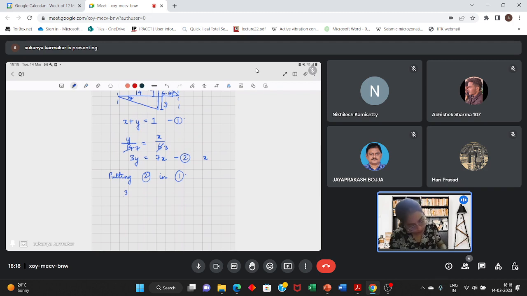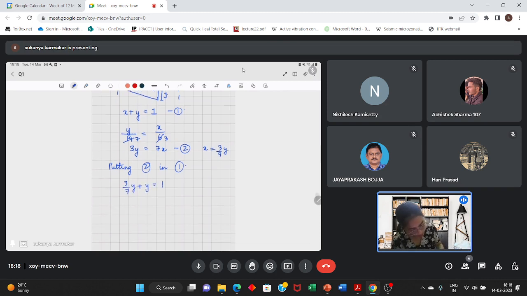From here you can write x is equal to 3 by 7y, plus y is equal to 1.